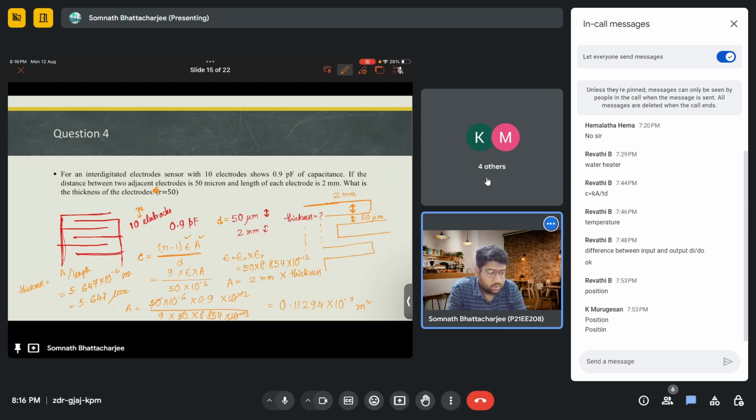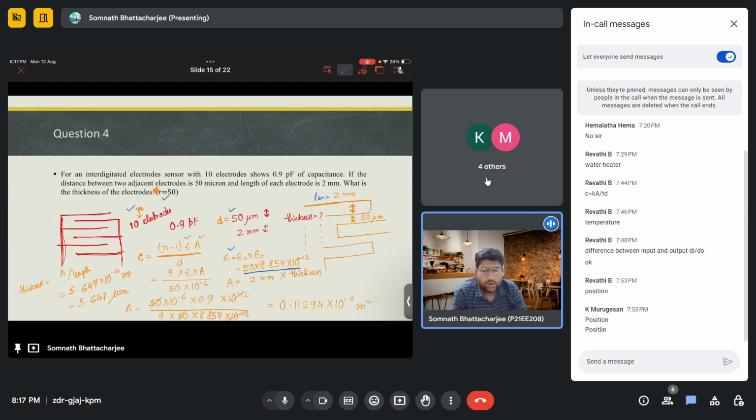So what we have done until now: we know the value of d here directly. We know the value of this length, that is 2 mm. We know the value of n, we know the value of epsilon r. We have calculated the value of epsilon, which is epsilon naught, the free space permittivity, into epsilon r, the relative one, which is already given in the question itself.